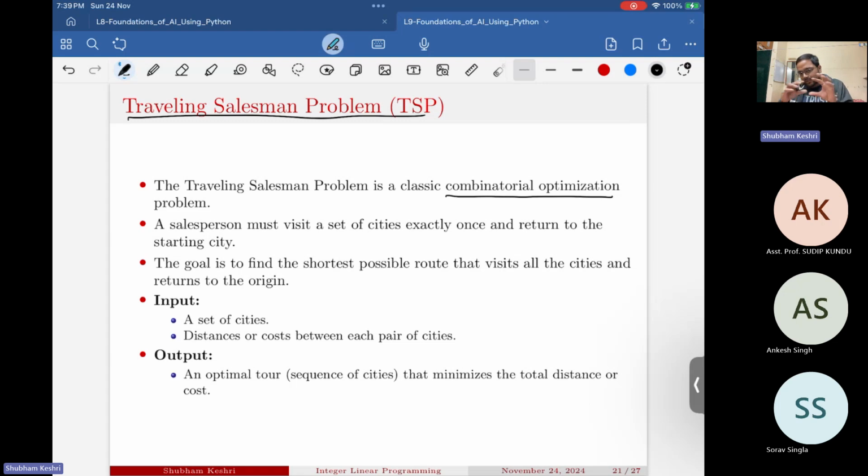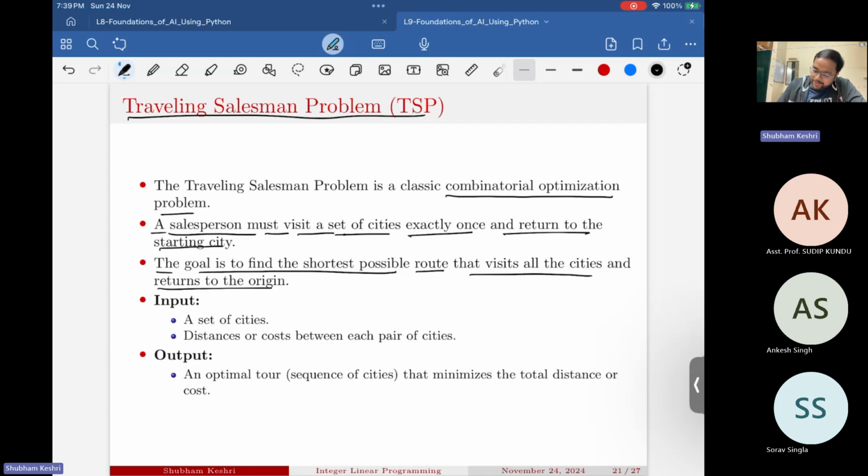And actually it is a permutation. You see, the ordering is important, but nevertheless it is known as a combinatorial optimization problem.